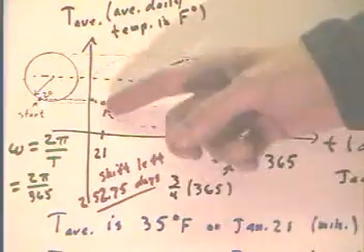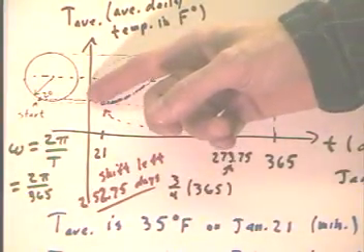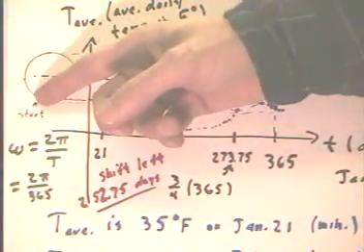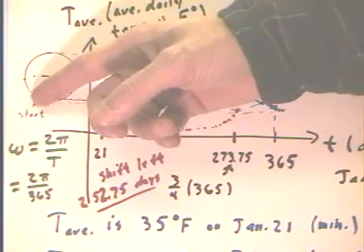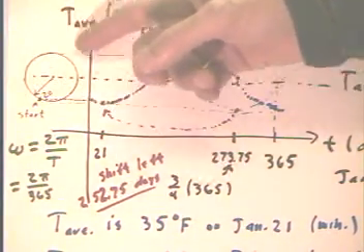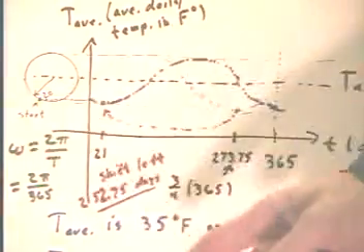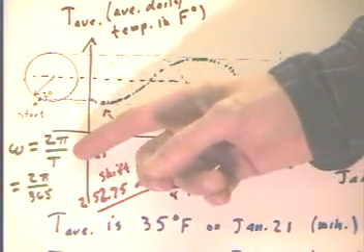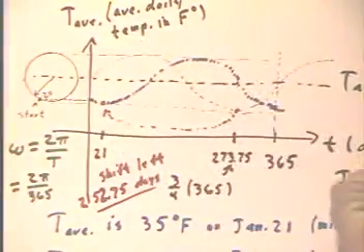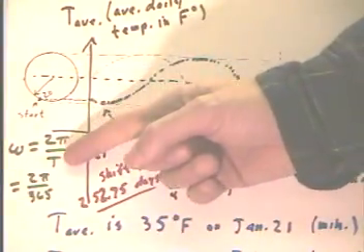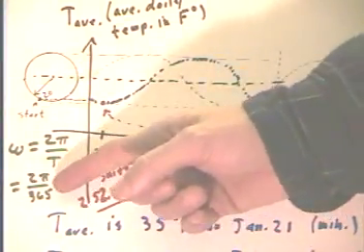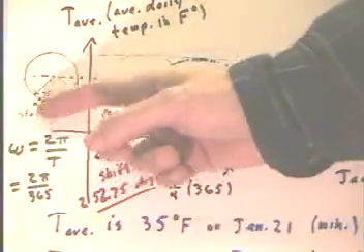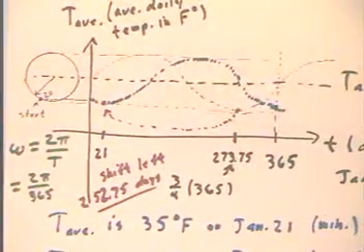Now, we're going to start so that we start at this point moving downward, which means our starting point in the circle is going to be here, but that's not going to affect what our angular velocity is. The angular velocity is going to be such that we cover the 2 pi radians of the circle in 365 days. So it's going to be 2 pi over the period, or 2 pi over 365 days. That's going to be our angular frequency.